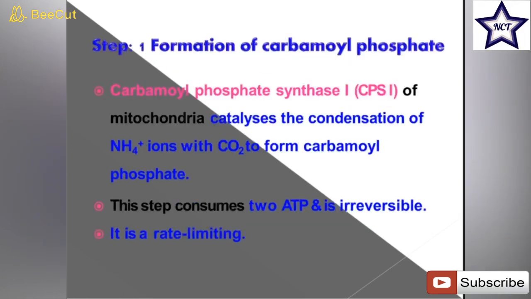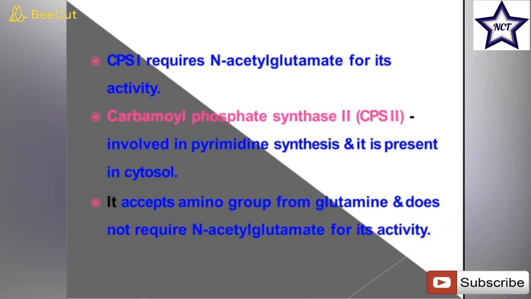The enzyme requires N-acetyl glutamate for its activity. There is another alternate of this enzyme, carbamyl phosphate synthase 2, which is involved in pyrimidine synthesis and is present in the cytosol. It accepts the amino group from glutamine and does not require N-acetyl glutamate for its activity.